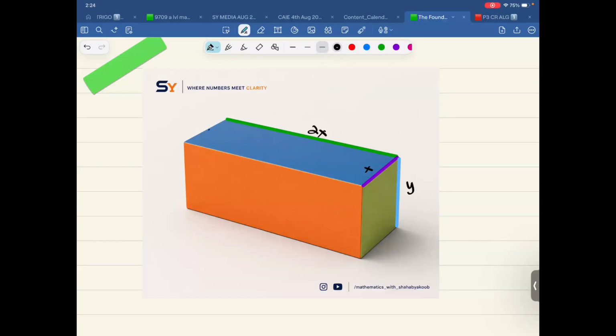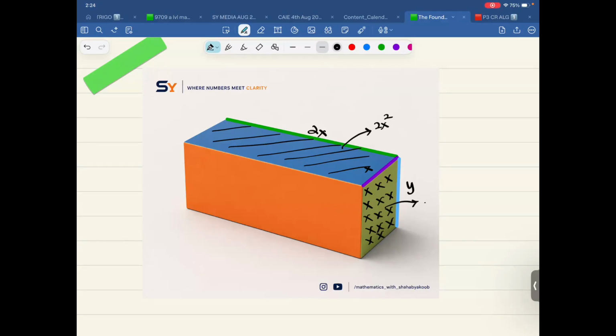Now, the area of this top face is 2x squared. And if I want to find the area of this one, just playing around with the formulas, the area is xy. And the area of this orange face, this is 2x, this is y, so this area would be 2xy.